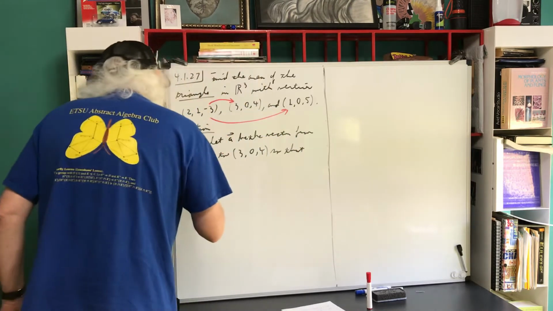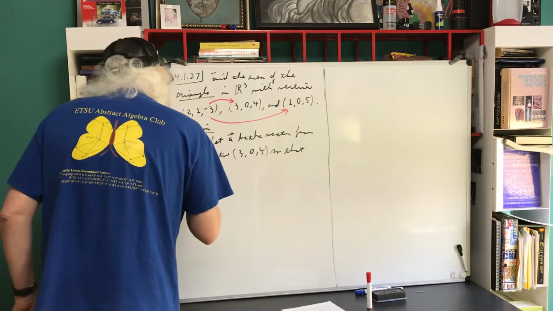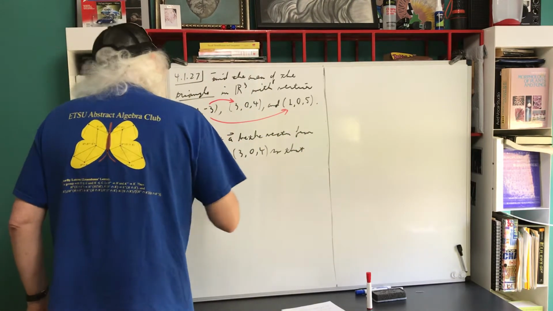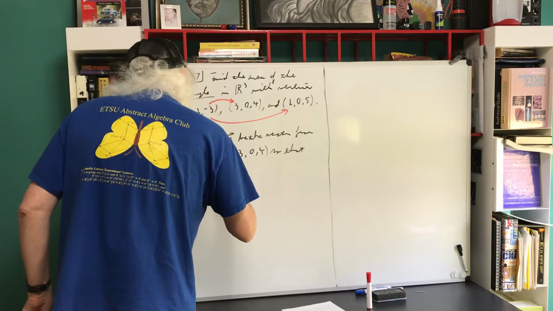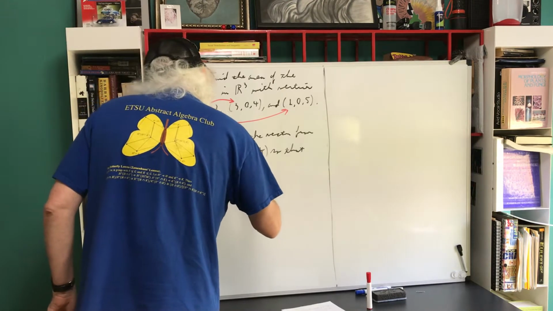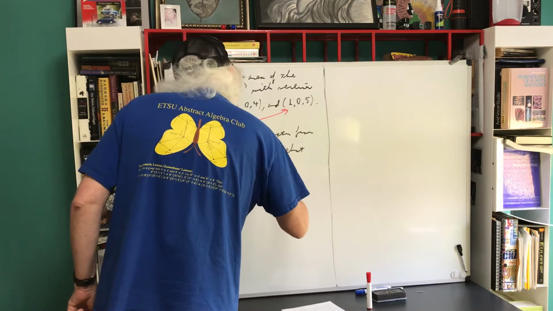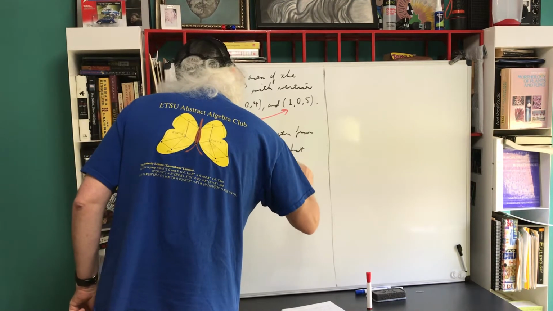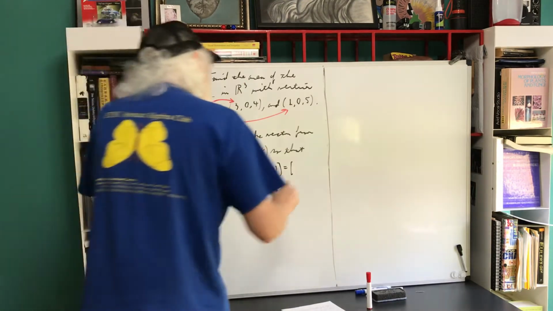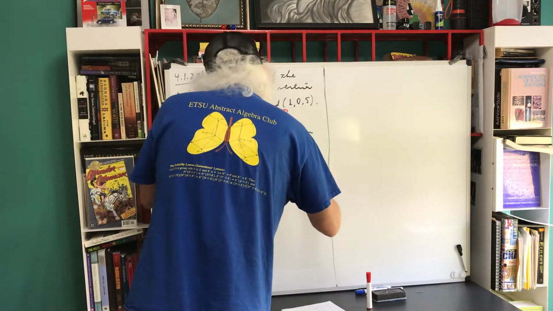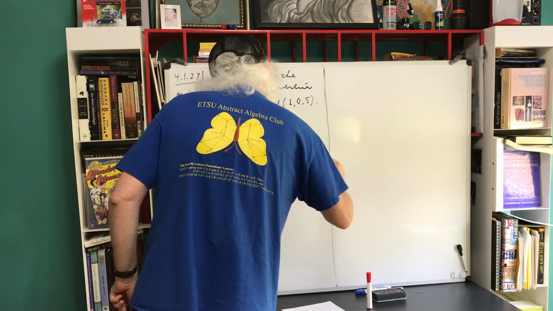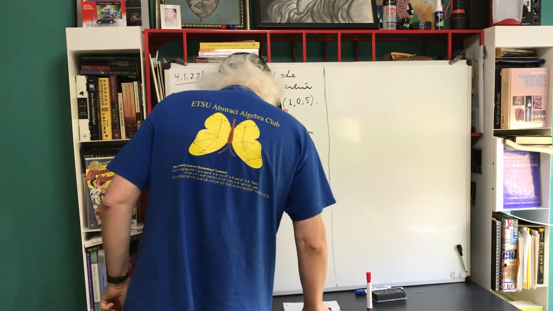So vector A has components head minus tail: 3 minus 2, 0 minus 1, 4 minus negative 3. So 1, negative 1, 7.